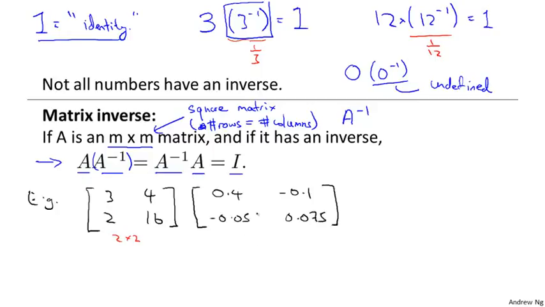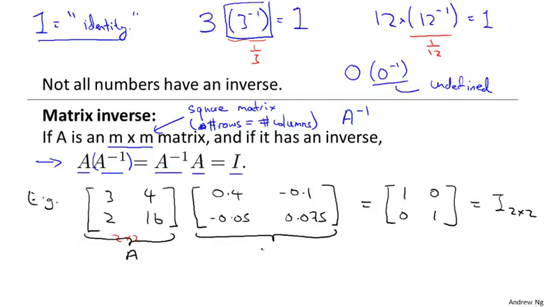If I multiply these together, what I get is the 2 by 2 identity matrix, I, or you can write this as I 2 by 2. On this slide, the first matrix is the matrix A, and this matrix is the matrix A inverse. Here I've computed A times A inverse. If you compute A inverse times A, you also get back the identity matrix.